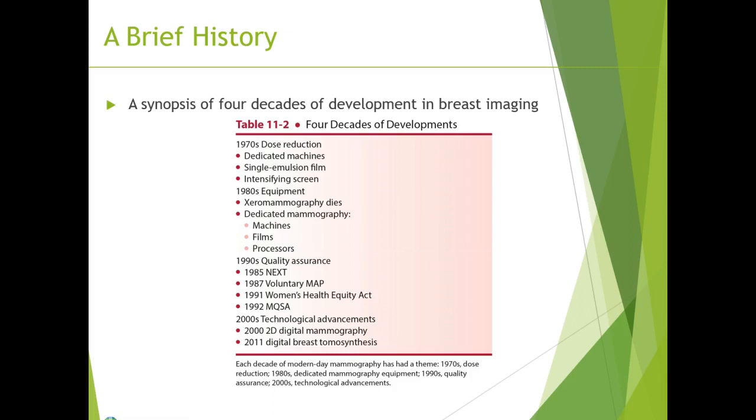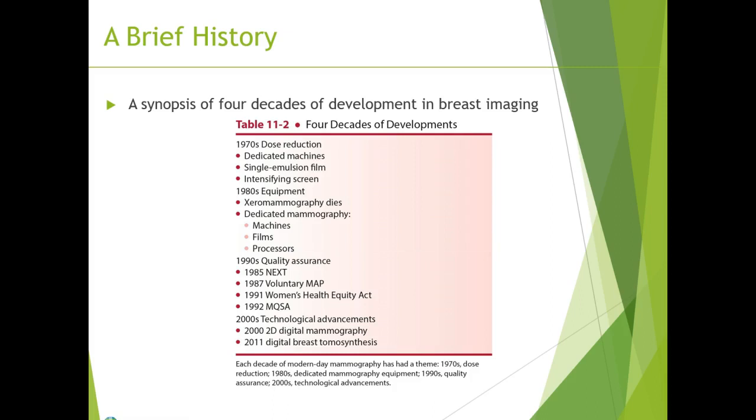So let's just go back and review what we learned back in our early chapters. What has gone on over the 4 decades of development in breast imaging. So the 1970s really marked the period of dose reduction because of the use of dedicated machines and the single emulsion film and single intensifying screen combination that was developed by DuPont and then further perfected by companies like Kodak.